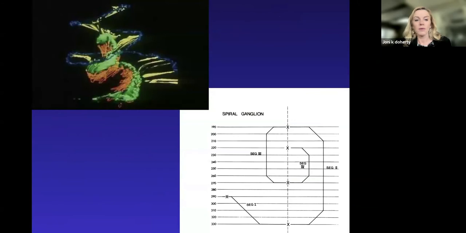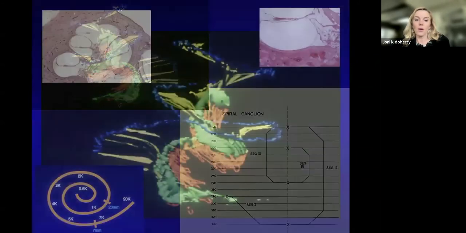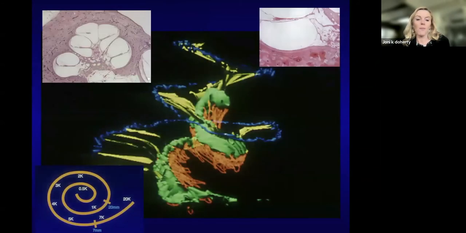This is another 3D reconstruction on the upper left, showing also the neurites or dendrites. These are the segments of the cochlea. So when we count spiral ganglion neurons, we segment it into the areas for the apex and the base, and in between, basically, for the averages.